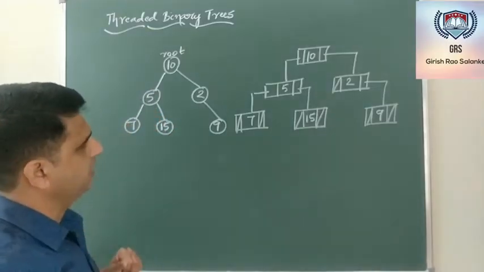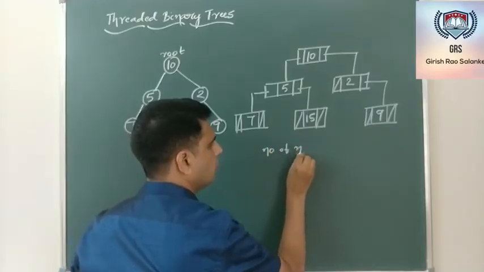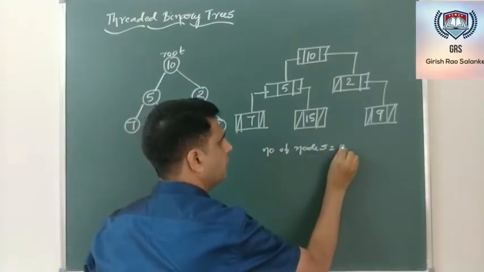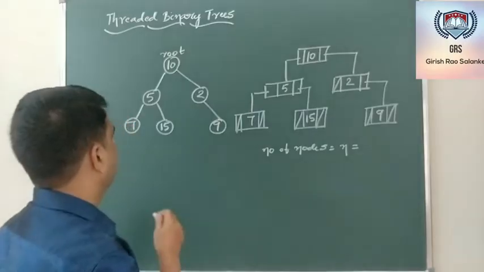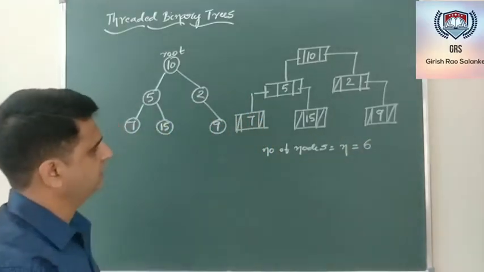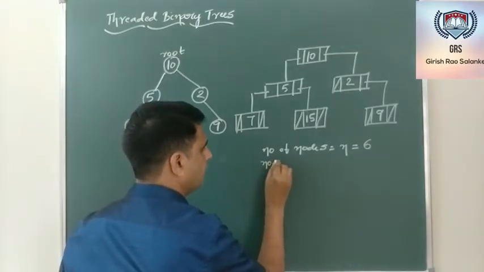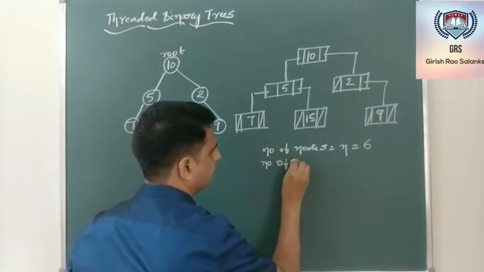So totally in this particular binary tree, let me denote the number of nodes as n. Therefore, there are 6 nodes in this binary tree.